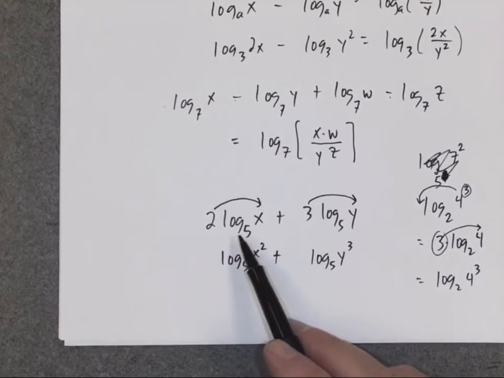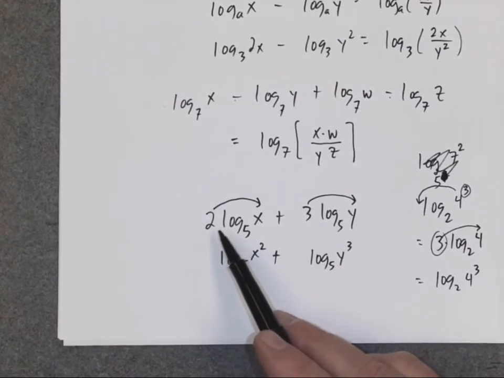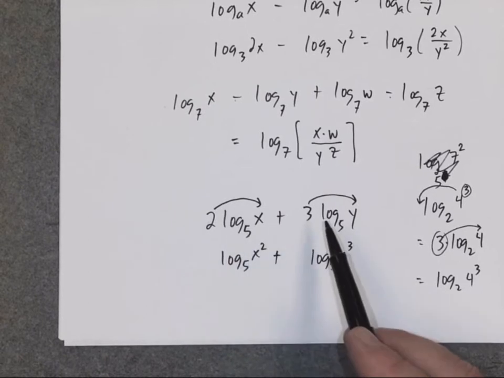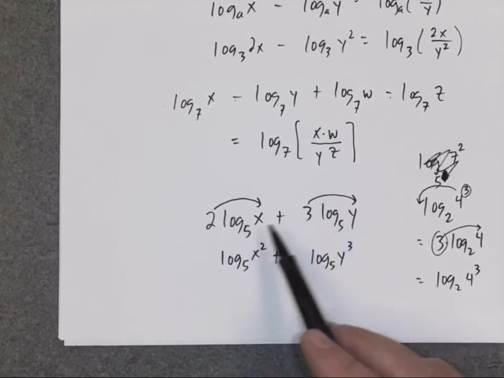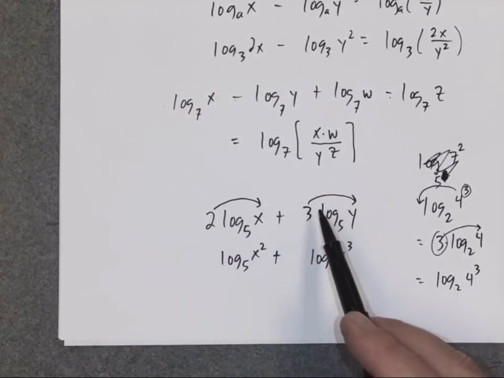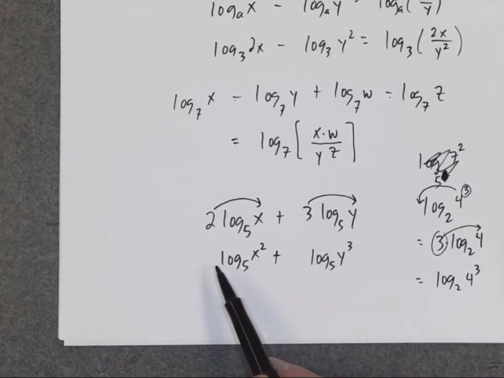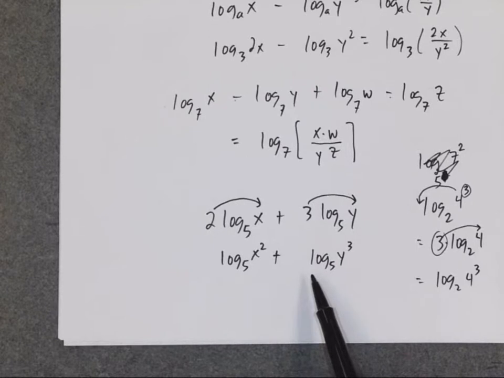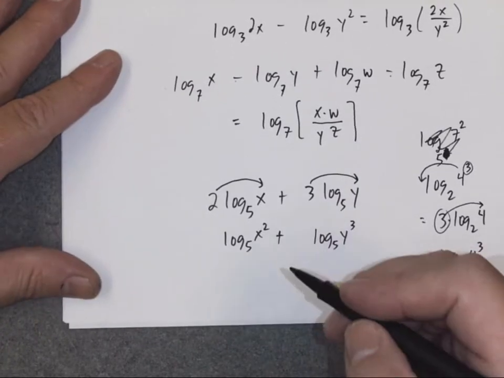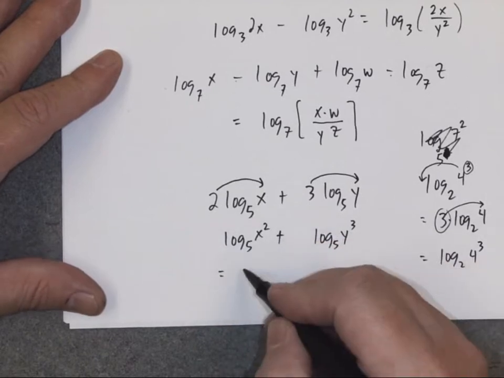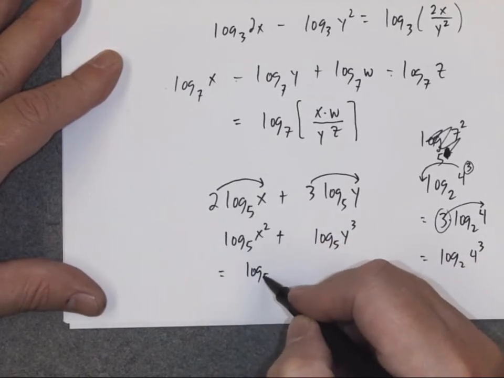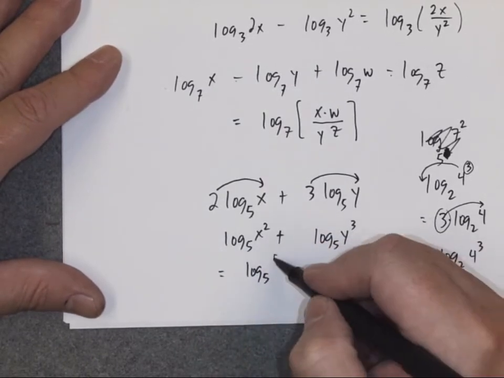So initially, I had coefficients or numbers in front of both my log terms, which means I cannot at this point combine them. But by doing this, now I don't have coefficients in front of the log terms, and I actually can combine them. So then I would say this equals log base 5.